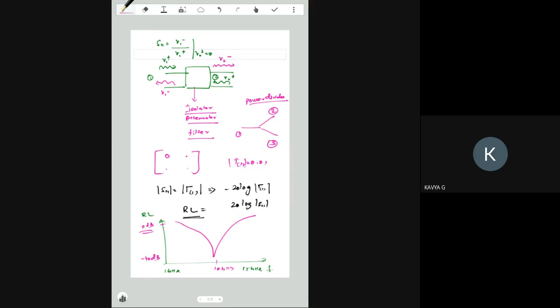Practically, when they give any devices or antennas, they will mention only the return loss plot. So indirectly they are giving the S parameter value, indirectly they are telling what the gamma is. So instead of 0, I have 0.01.